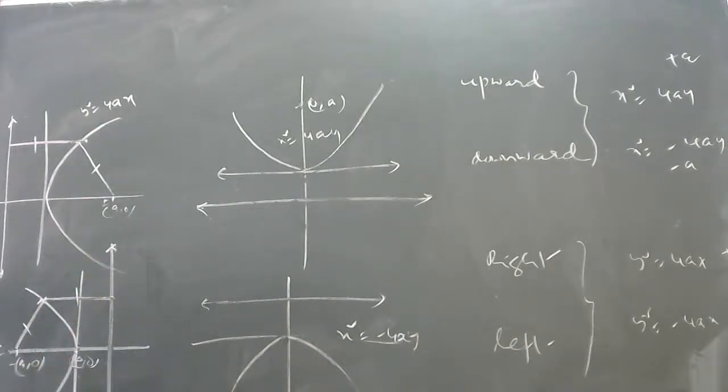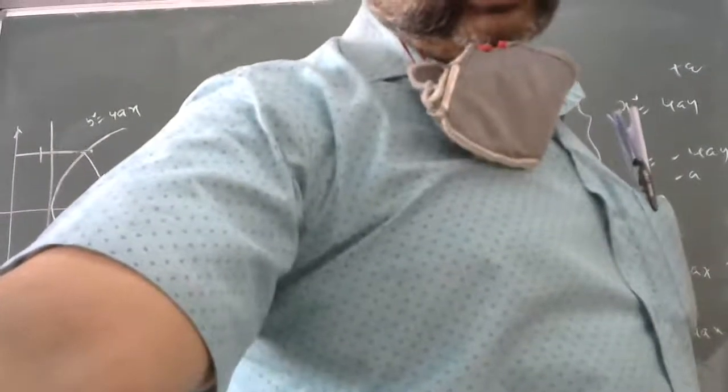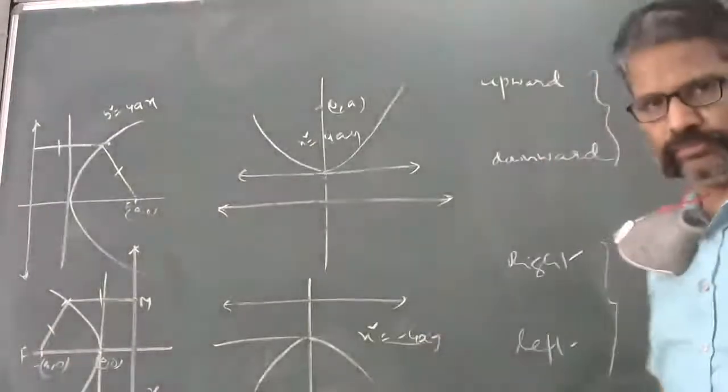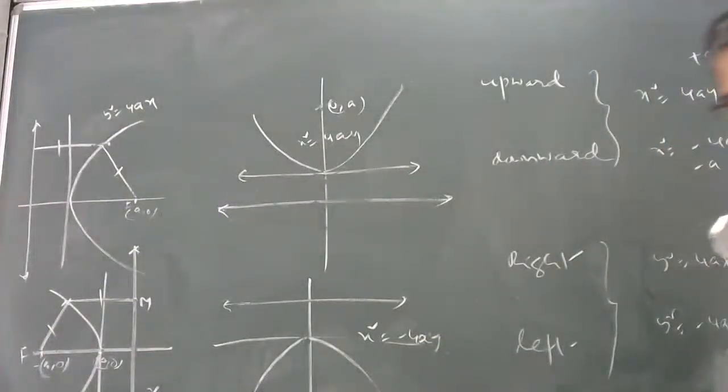These are equal automatically. So this is y square is equal to minus 4ax. Yes, the left parabola is y square equal to minus 4ax, and the right parabola is y square equal to plus 4ax. Only 4 are there.